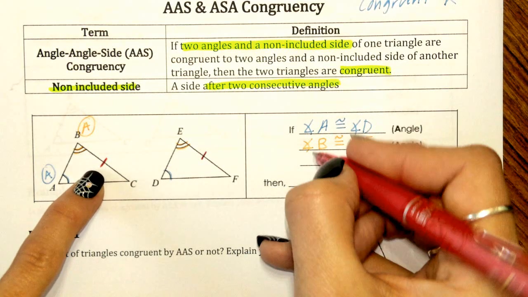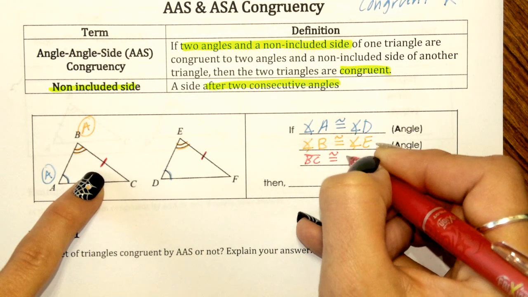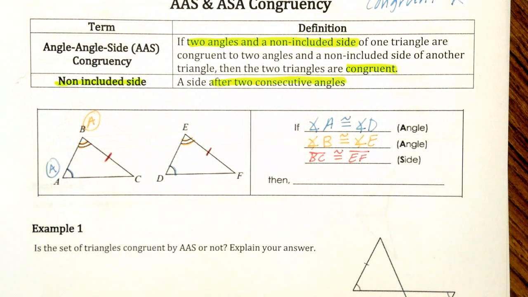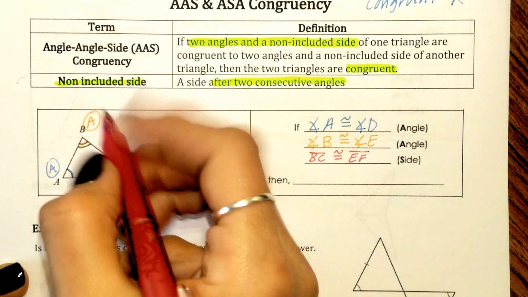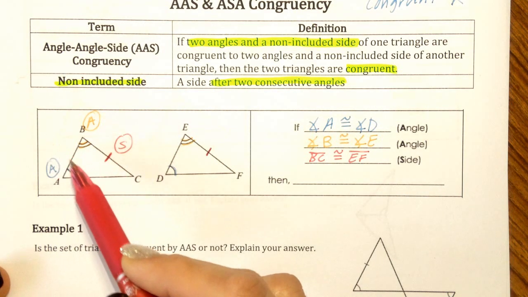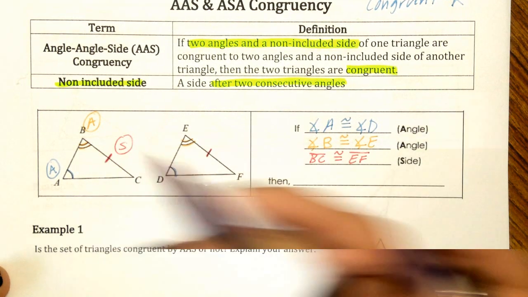So here we have segment BC is congruent to segment EF. With these three things being congruent in this order, and here's a little S, we see that S is not between the two A's. So we're going to have angle, then an angle, then the side.